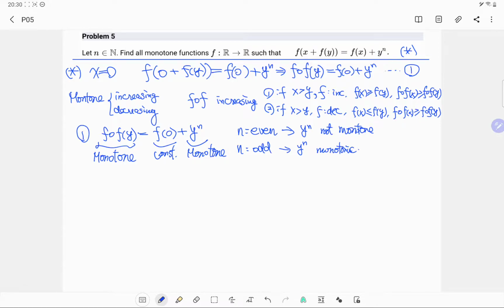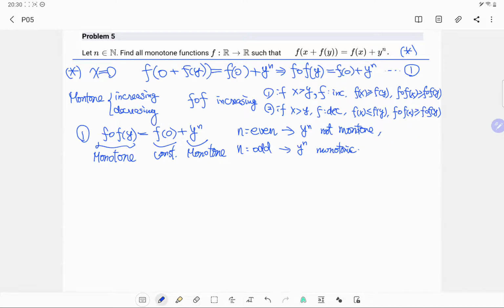For example, if n is 2, then y squared is nothing but a parabola. And if n is an even larger even number, the curve gets sharper and sharper, which means this is not a monotonic function.